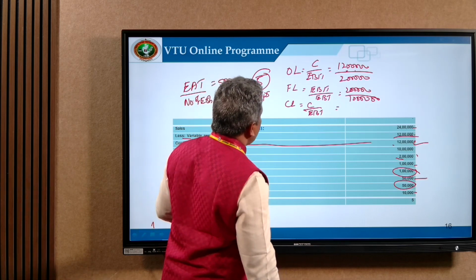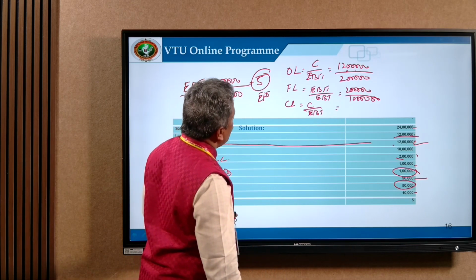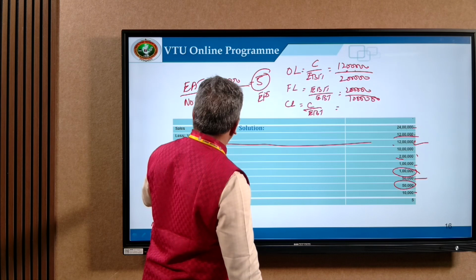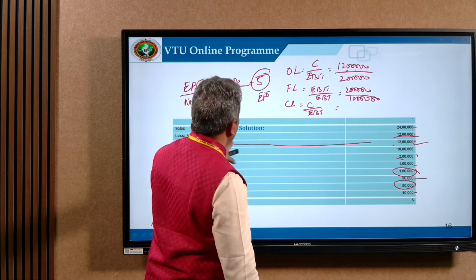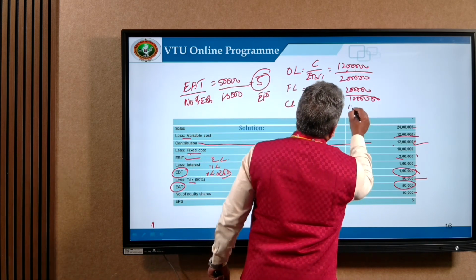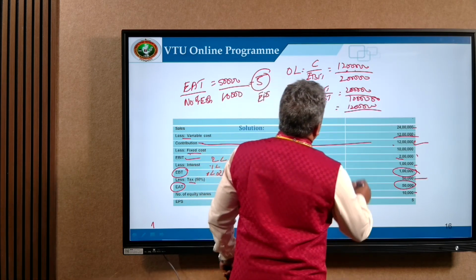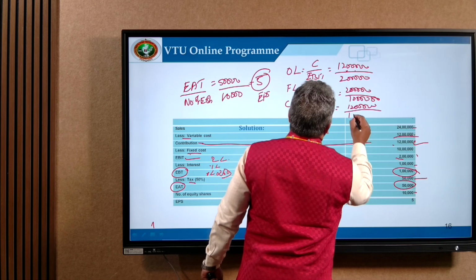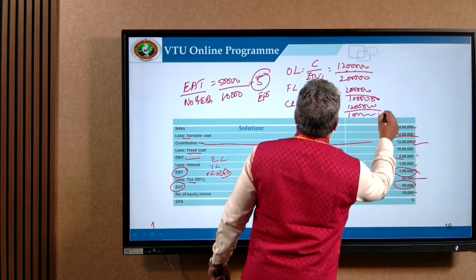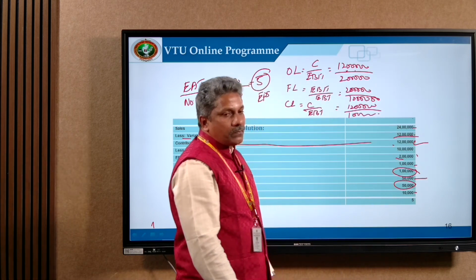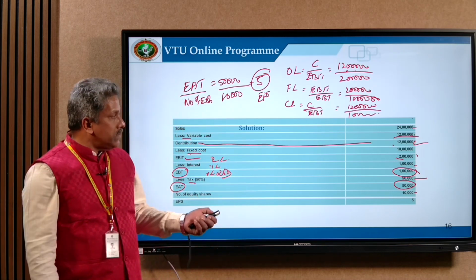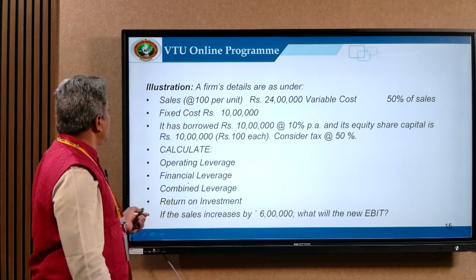Now, combined leverage is equal to contribution, that is 12 lakhs, divided by EBT, that is 1 lakh. So, this is how it should be calculated. The detailed calculation is given here.